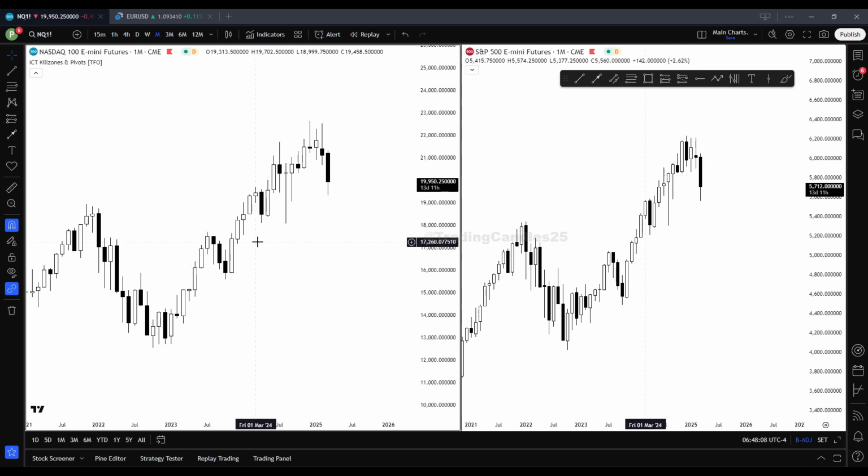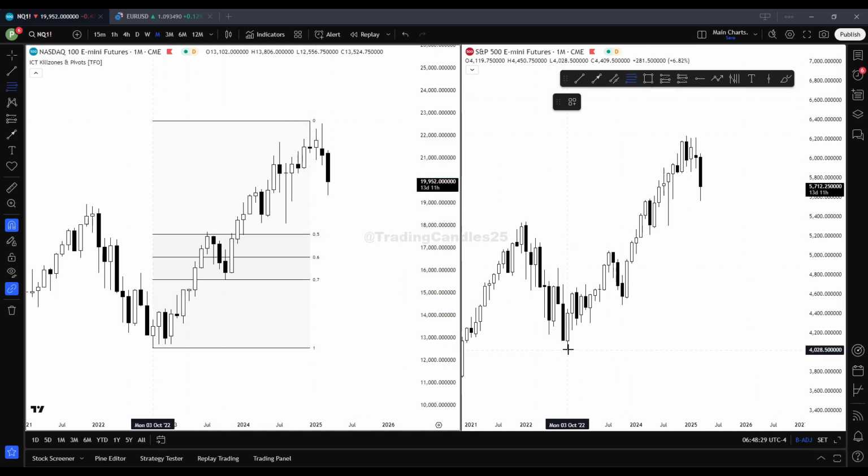To answer that, we need to first look at the dealing ranges on both assets. We need to break down the dealing range of this expansion leg, and identify the corresponding discount and premium key levels within the dealing range.